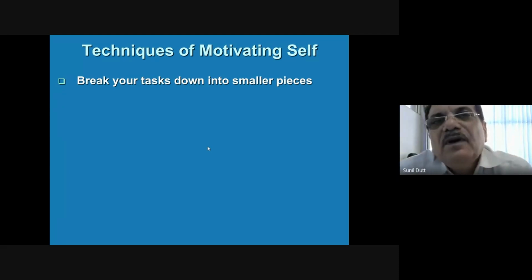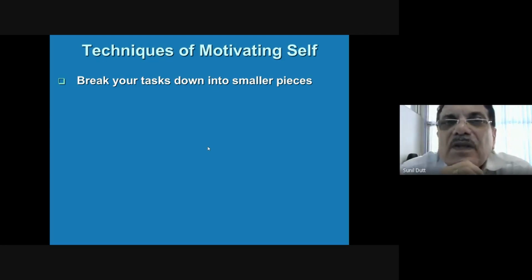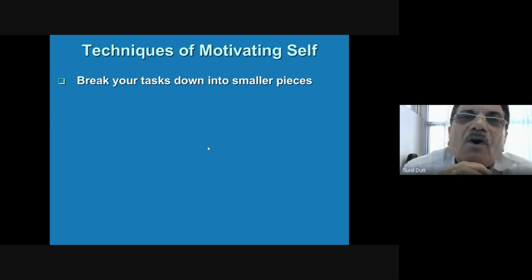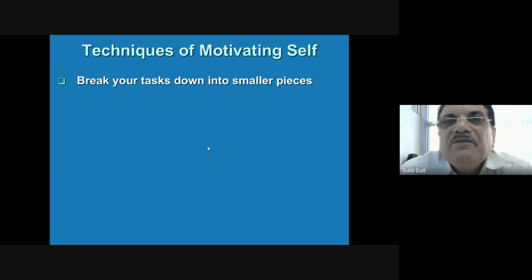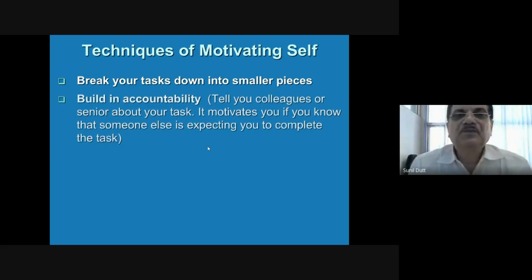Try to focus on the first aspect, second aspect, then third. So in that way you will be able to, say you want to organize your office almirah. There are four shelves. You can begin with the first shelf first. Try to organize. That will give you confidence, that will motivate you.